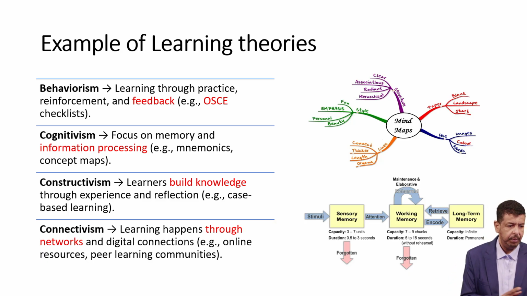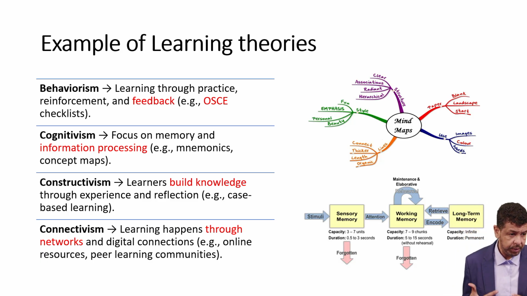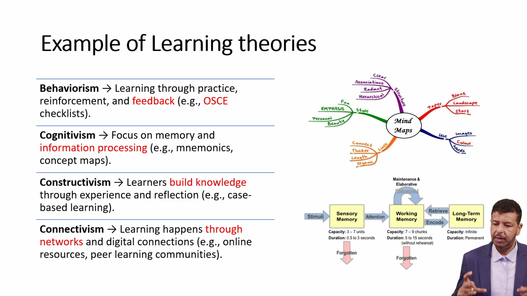Then the information will be encoded into long-term memory, which is a permanent memory. And then we retrieve information by self-assessment and so on. So in order to store the information in the long-term memory, it's very important to practice, to do rehearsal, and to do spaced repetitions, as we explained earlier in this video.